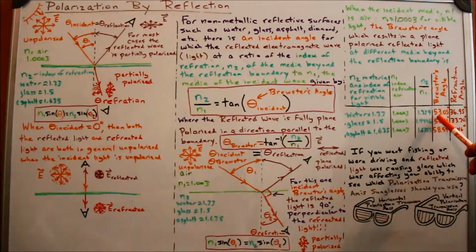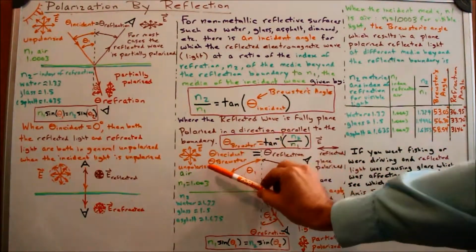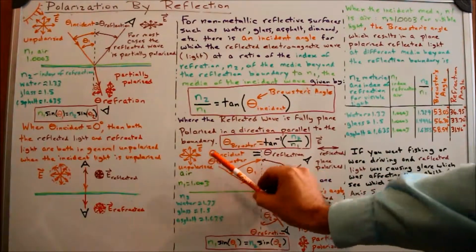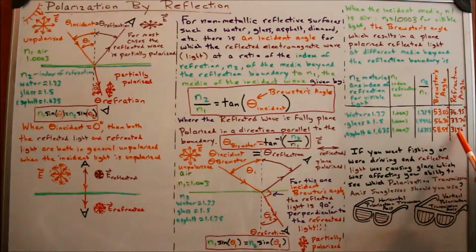So for water, it turns out the Brewster angle is 53.05, refraction angle 36.95. For glass, Brewster angle 56.30, refraction angle 33.70. Asphalt has the greatest Brewster angle, and the angle is always measured from the perpendicular: 58.54, and the refraction angle is 31.46.